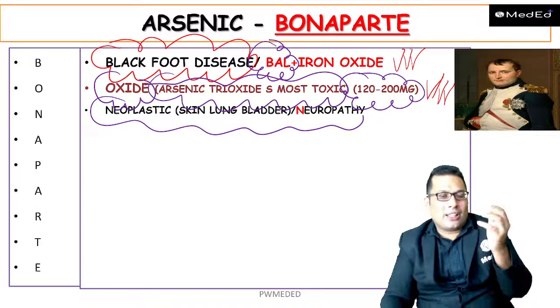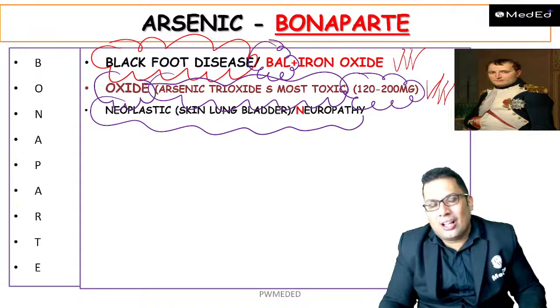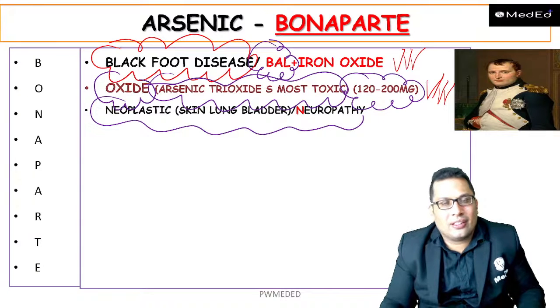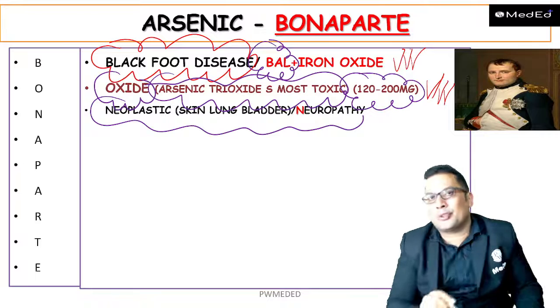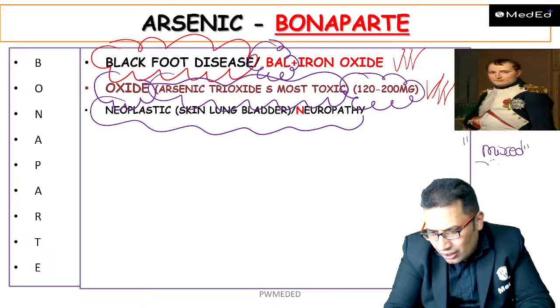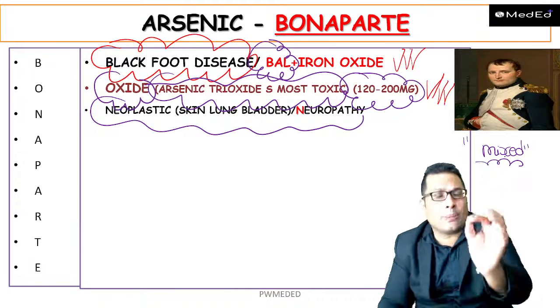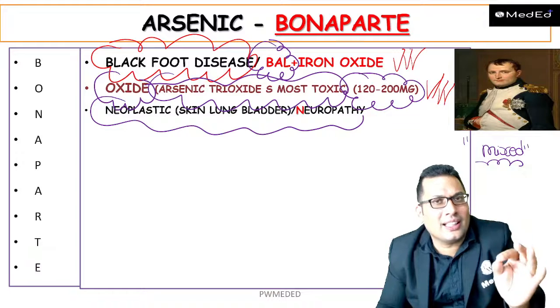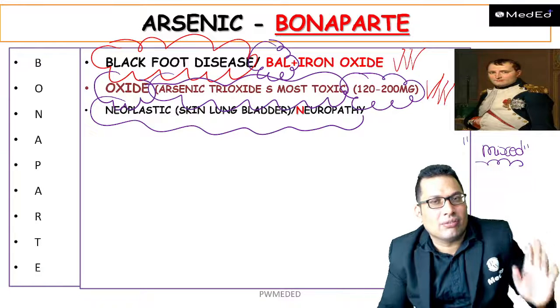Arsenic can lead to neoplastic skin lesions, lung cancer, bladder cancer, and neuropathy also, which is a mixed neuropathy. First point, in arsenic poison there is a mixed neuropathy. In lead poison, there is a pure motor neuropathy. A question can be asked.